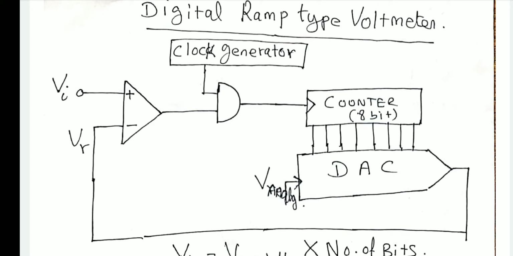In the digital ramp type voltmeter, the same method, the linear ramp type voltmeter, is slightly modified. So what is the difference between this circuit and the previous circuit?